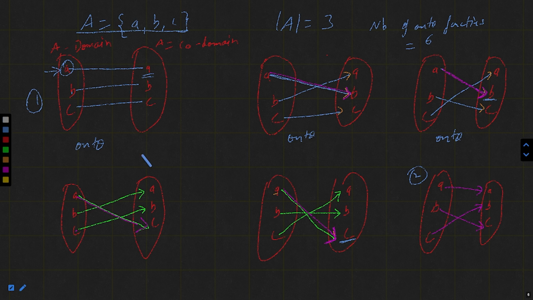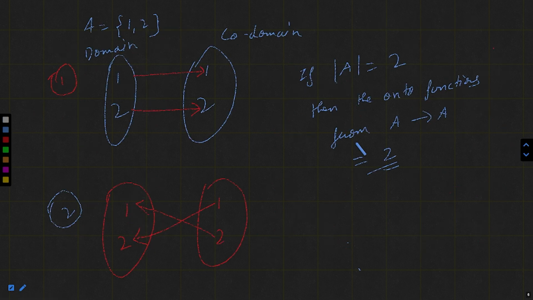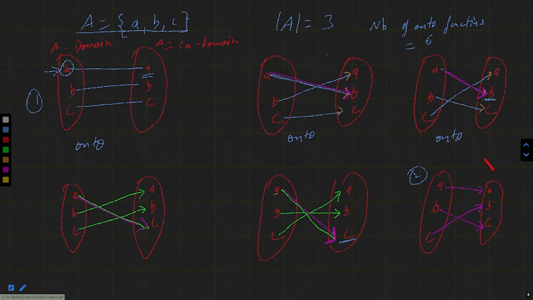Now, can you make some assertions? If your set A has 2 elements, then the number of onto functions is 2, which means 2 times 1. If A has 3 elements, then the answer is 6, which means 3 times 2 times 1.